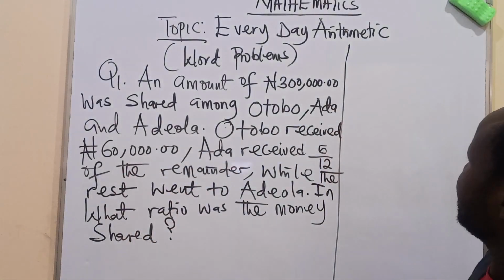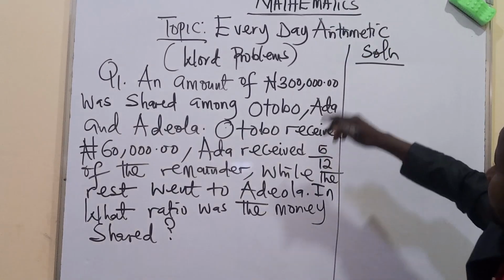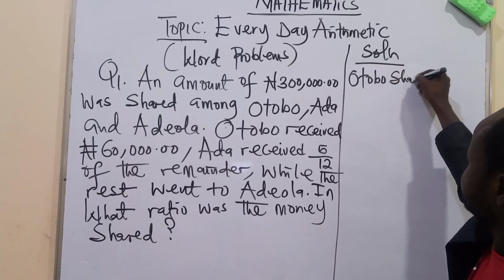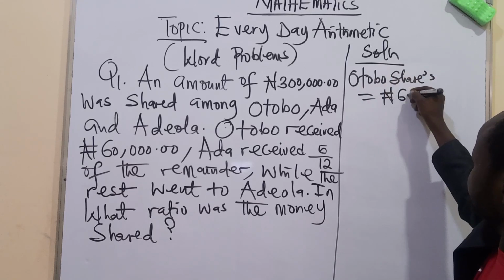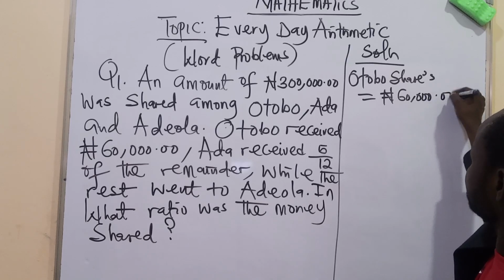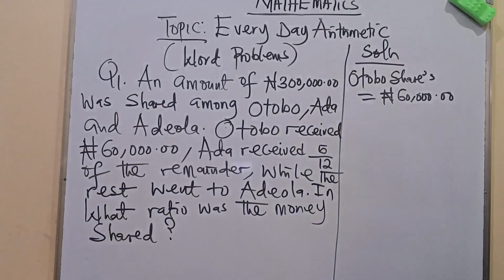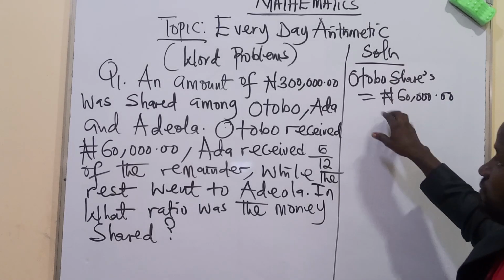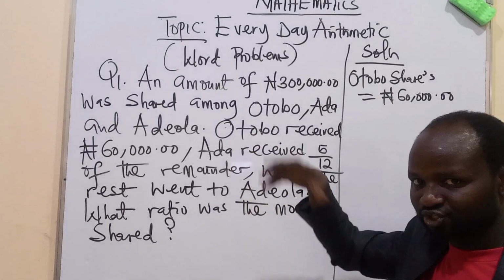So let's write down the solution. Otubo's share is equal to 60,000 naira. You have to put .00 because this is money. We're dealing with money now. So if Otubo received 60,000 naira, we have to first of all find the remainder before we find Ada's share.